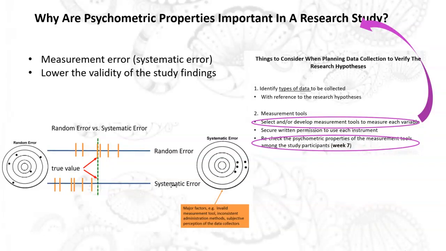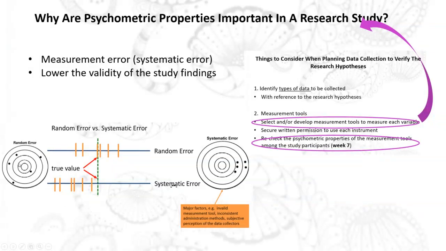In data collection, it's the section that will have much error as compared to other sections. In measurement error, there are 2 types: systematic error and random error. We cannot control random error. You can see the pictures here. For random error, it's scattered around.